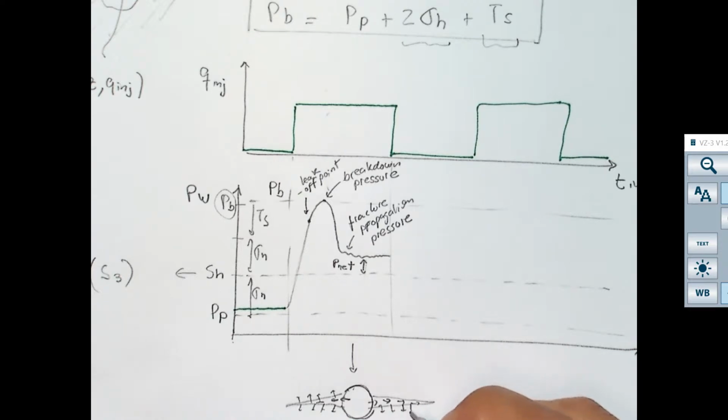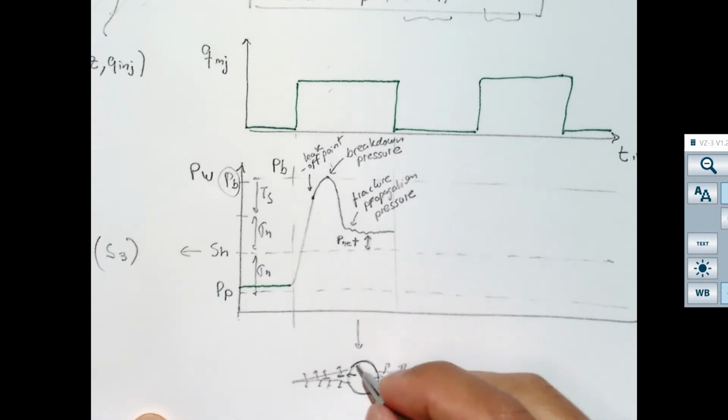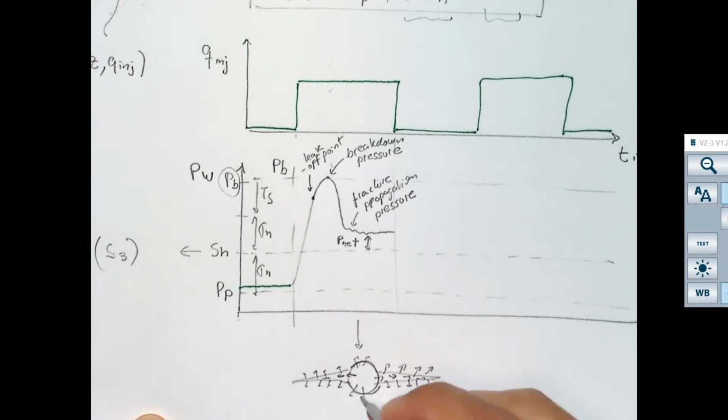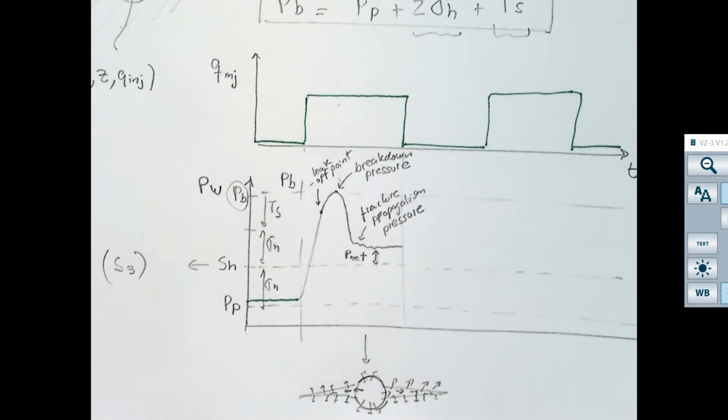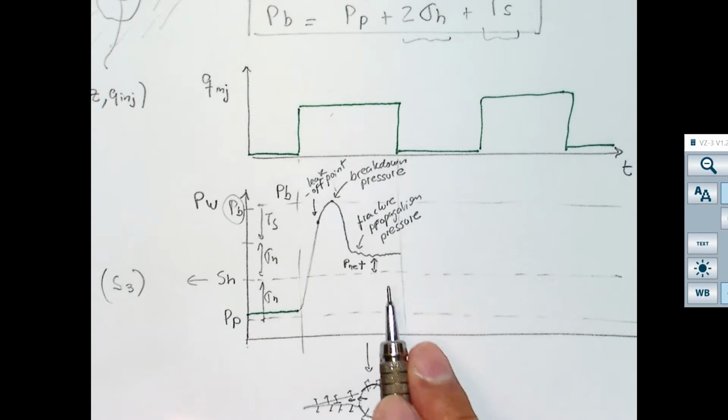So whenever you shut in the pumps, even though you're going to kill this fluid from the wellbore through the fractures, still the fracture is going to leak off from the wellbore and from the fractures into the formation, so the pressure is going to go down. Now the question is again, how much or how low is the pressure going to go?